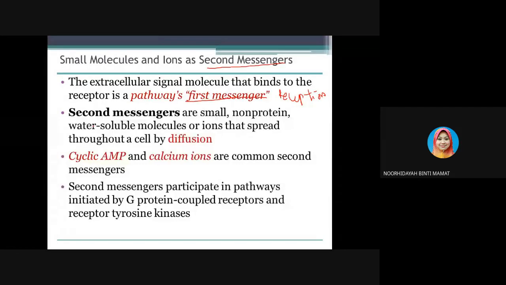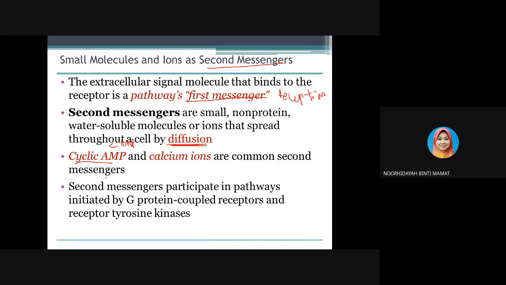So the second messengers are small and spread throughout a cell by diffusion. Okay, so the common second messengers are cyclic AMP, or cAMP, and the calcium ion. So these two are the common second messengers.